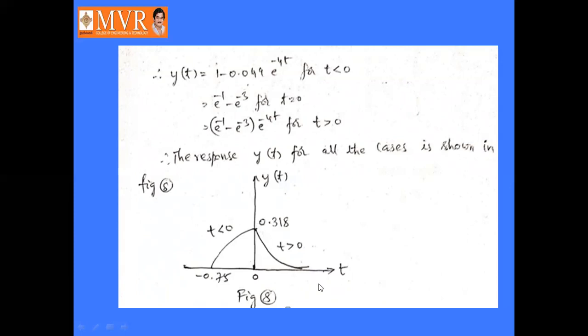For t greater than 0, it is exponentially decaying from t equal to 0. So this is the graph for these three conditions: t less than 0, t equal to 0, and t greater than 0. This is the response y of t.